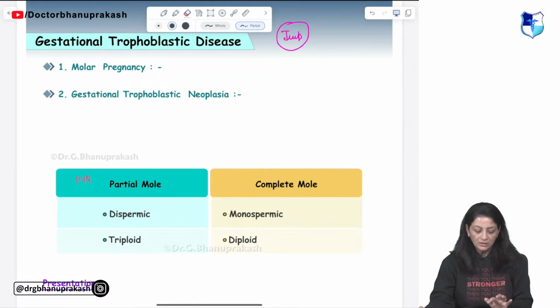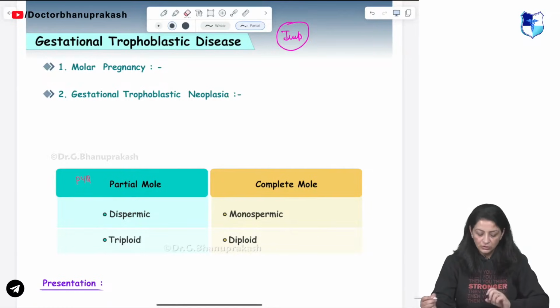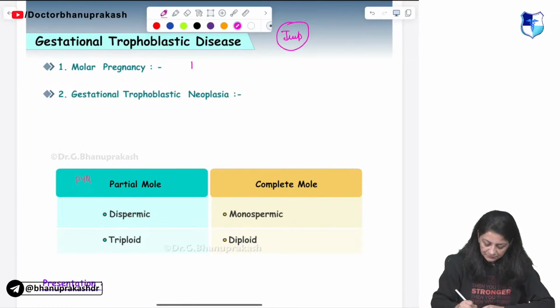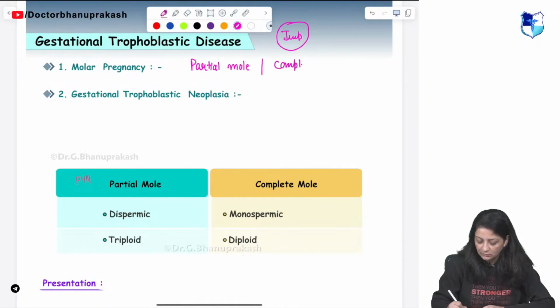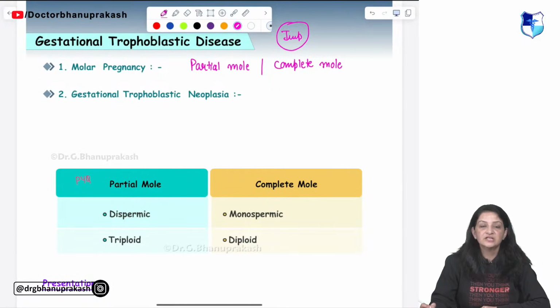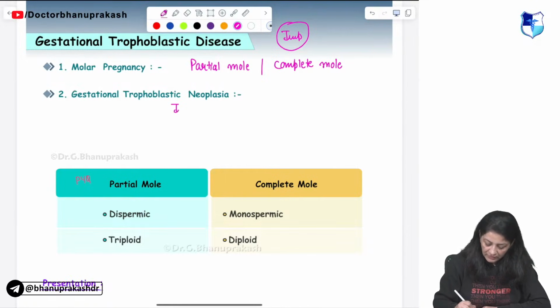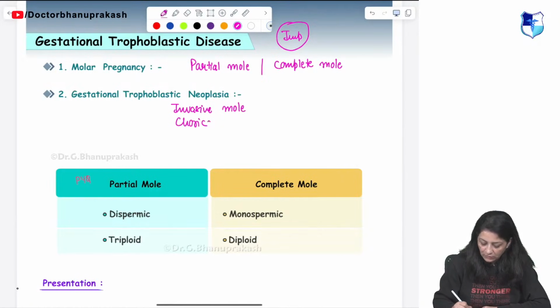Okay, now molar pregnancy, 2 types, partial mole and complete mole. Gestational trophoblastic neoplasia are 4 types. First one, invasive mole, choriocarcinoma.